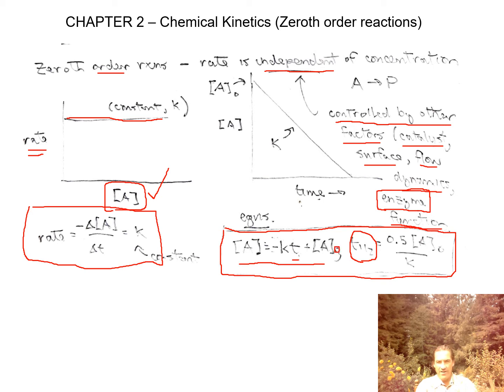This A naught here is initial concentration. And then this A here, this concentration is the concentration after so much time. So we have the rate law, we have the half-life equation, and we have what we call the integrated rate law equation.